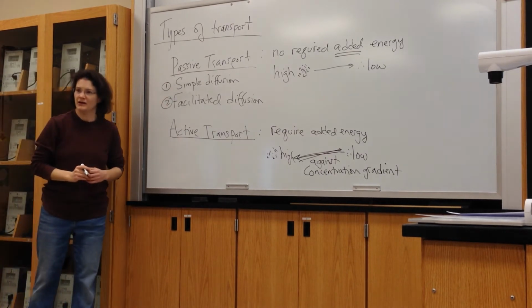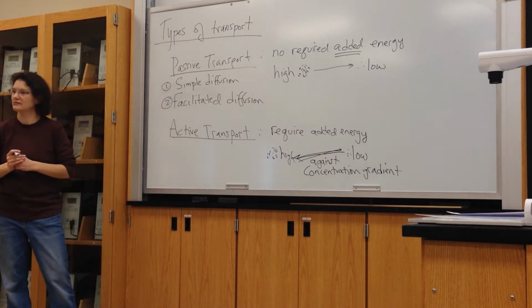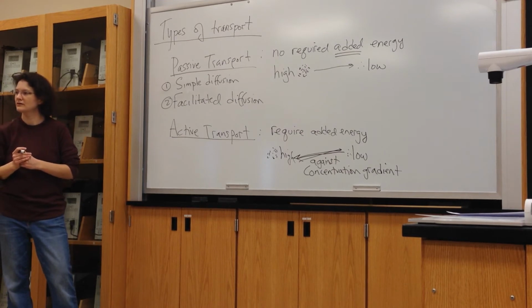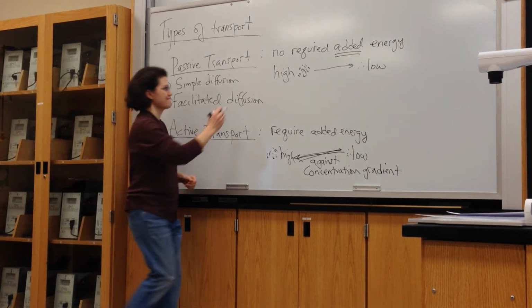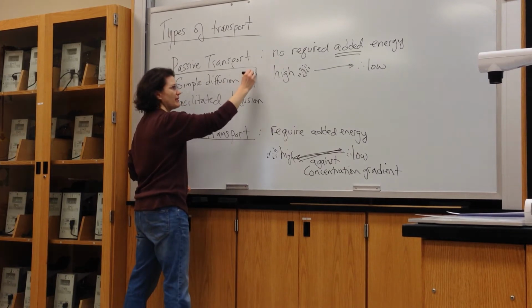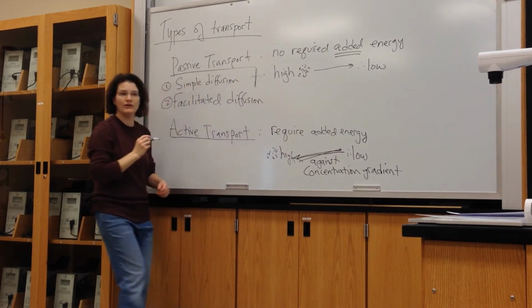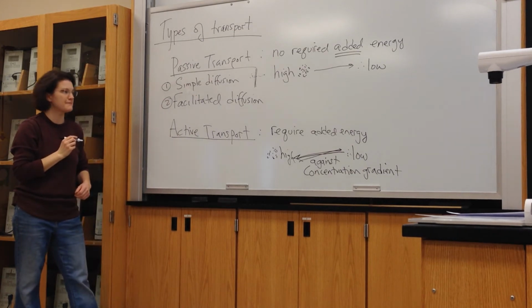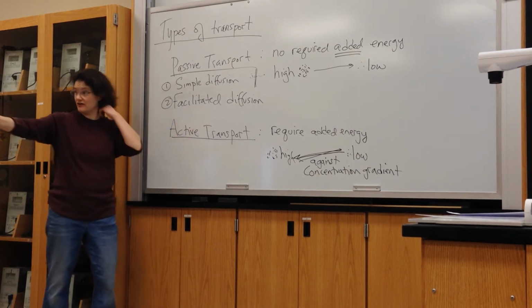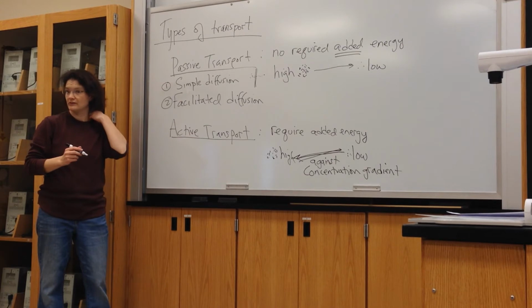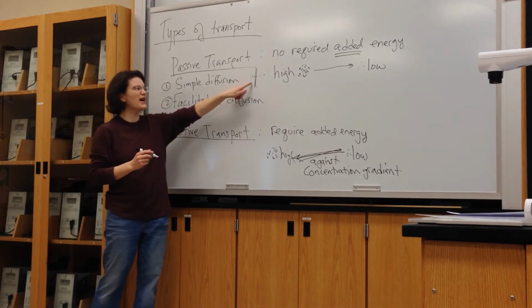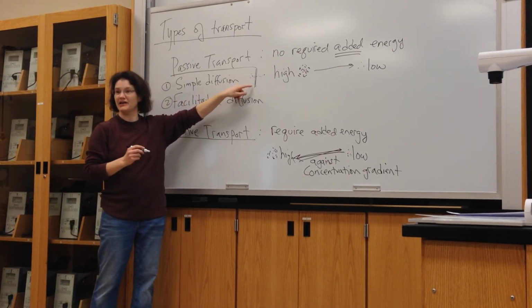What's the difference between simple and facilitated? Simple is just small enough that it goes through the membrane. So simple, this is our membrane. Simple diffusion, you just go right on through the membrane. Facilitated diffusion, on the other hand, you have to go through a channel like a protein. It's too big to go through that phospholipid bilayer. It needs help.